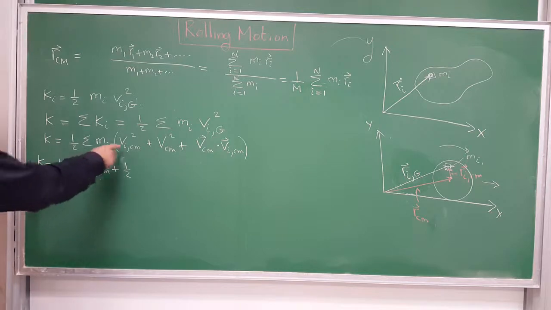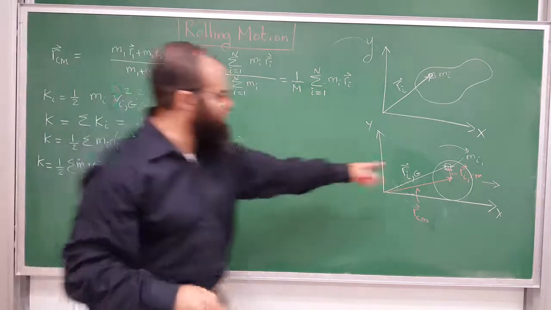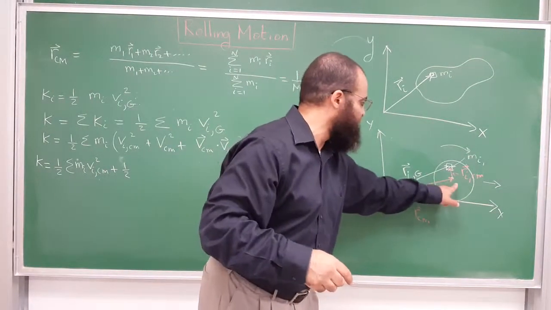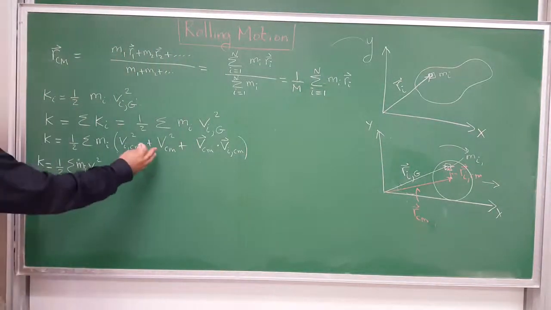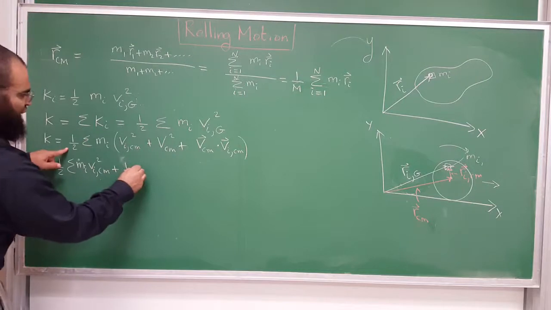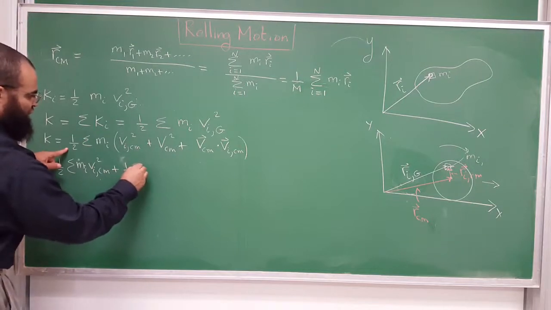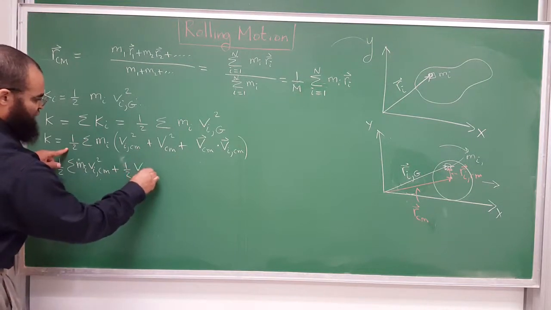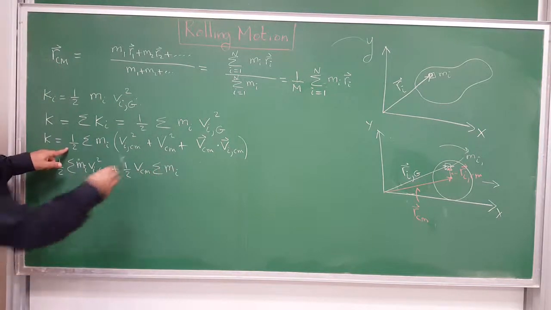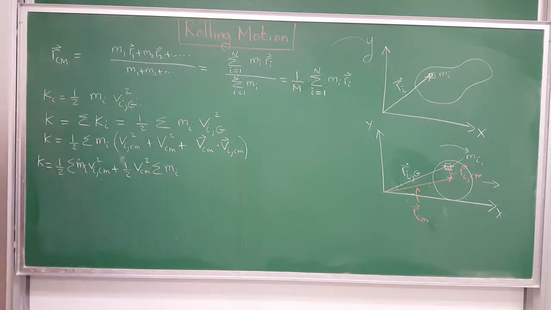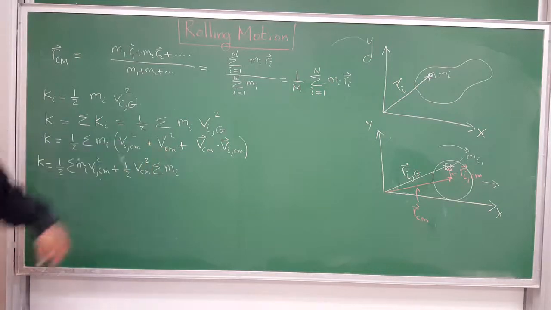It doesn't see the i. Each little mass element may have a different velocity, but the center of mass has only one velocity. So that can be pulled out of the summation. So we'll have 1/2 V of the center of mass squared times the sum over mi.